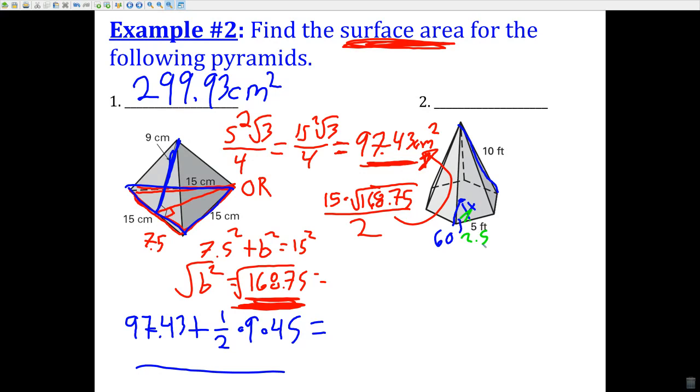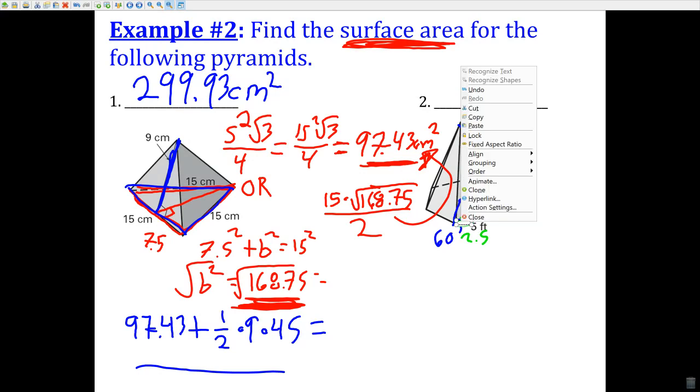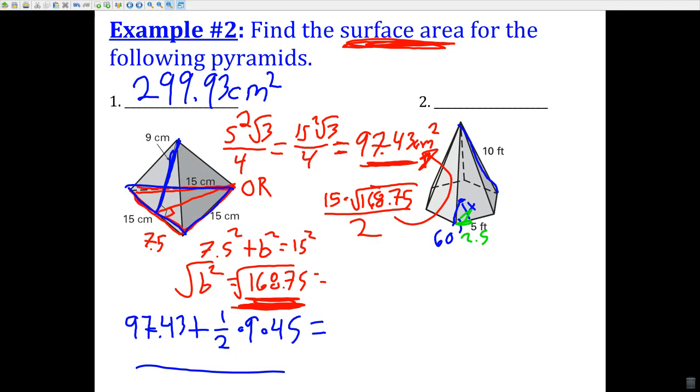I cut the 5 in half to get this side right here. So if you're using your trigonometry knowledge, you should know that you'll end up with, I guess I'll write the whole thing out. It should be tan 60 equals x over 2.5.